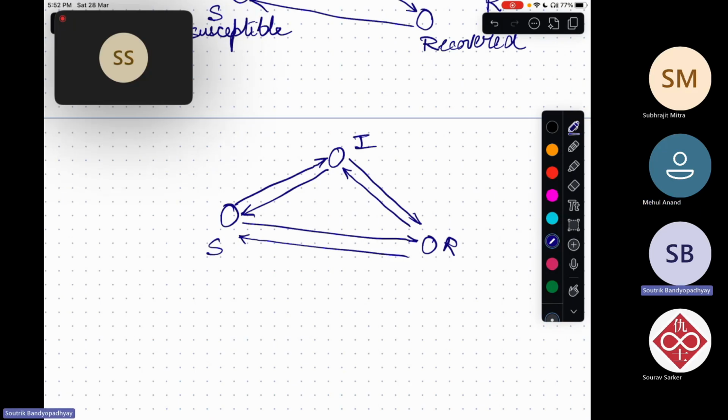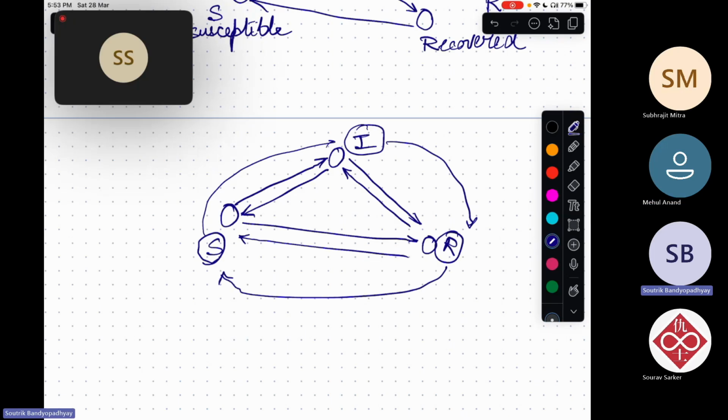Let's say a person is susceptible, there is some probability that they become infected. And if the person is infected, there is some probability that the person recovers or perishes, right? And if the person is recovered, there is some amount of probability that they become susceptible to the disease again. Maybe the immune system is not that great for that person, and they become susceptible to the disease again, right?